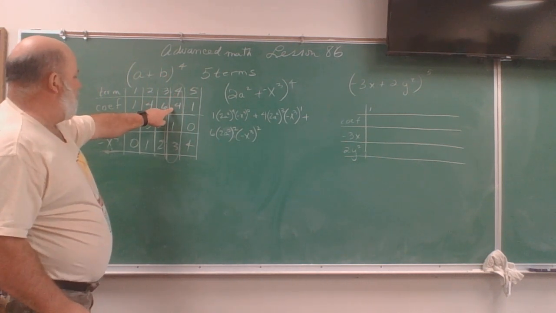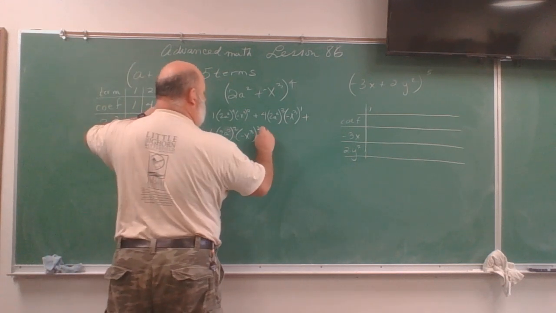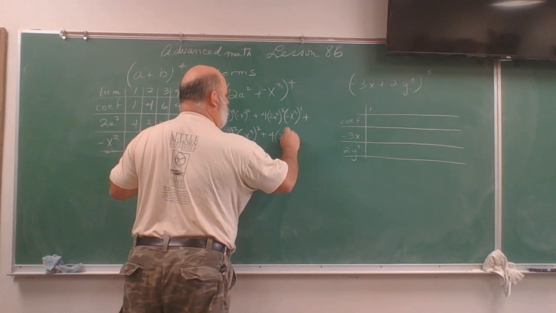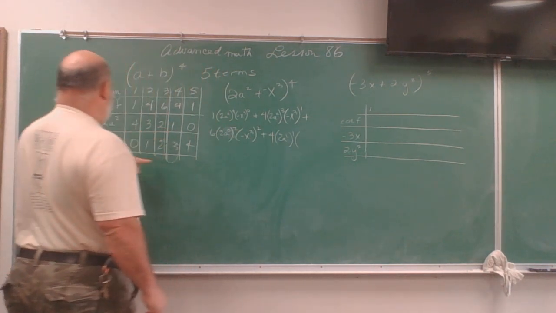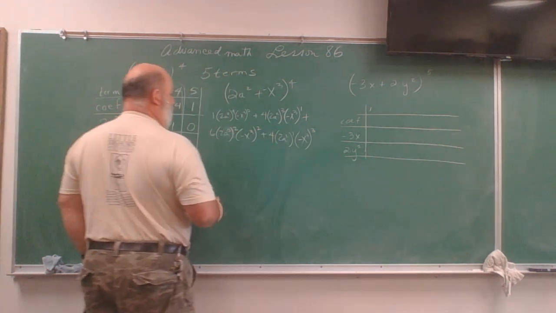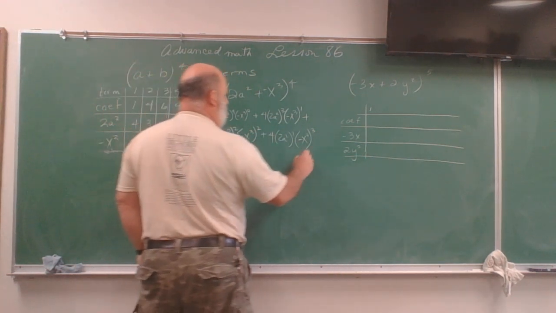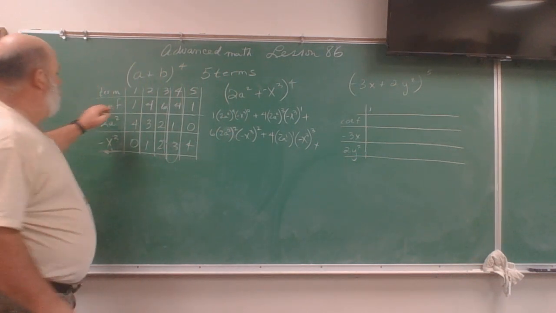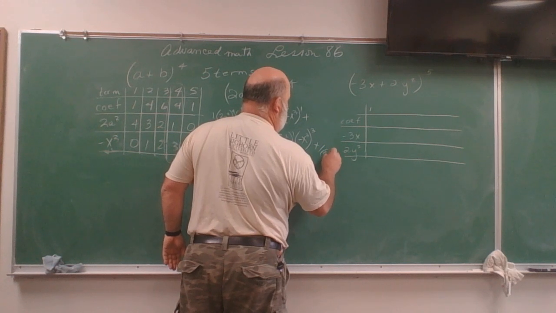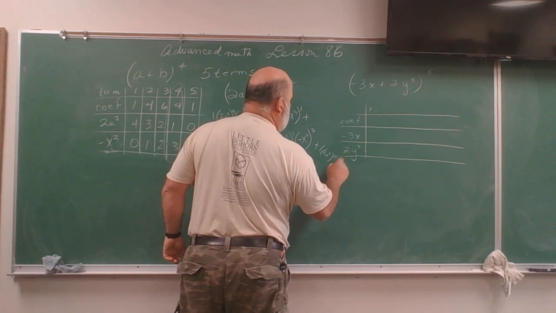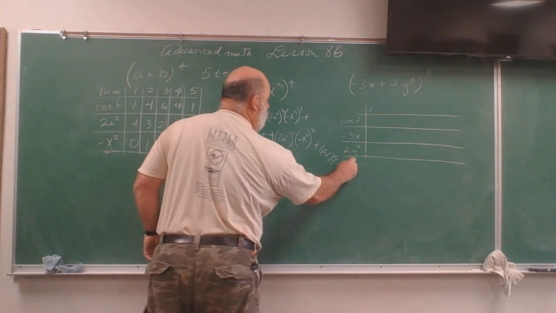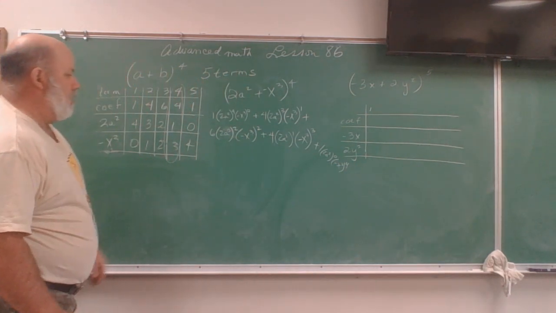My next term, my fourth term, will be 4, 2a squared to the first power, and negative x cubed, quantity cubed. And my last term will be 2a squared to the 0th power, beg your pardon for the mess up here, and negative x cubed to the 4th power. We'll drop down here where we can put them all in a line.